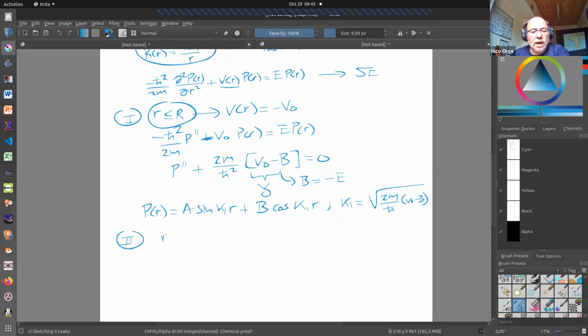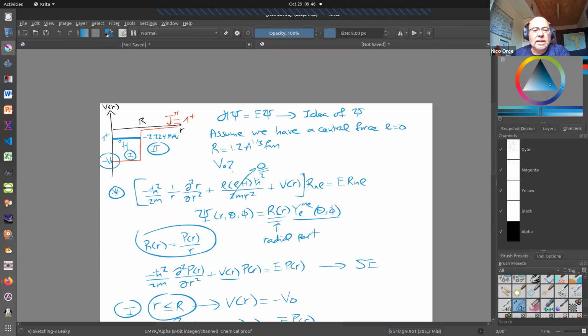In condition 2, R is greater than R, right? We are outside the potential well. And for this particular case, obviously, V(R) is equal to 0, right? So we are in condition 2, where the potential vanishes and is equal to 0.